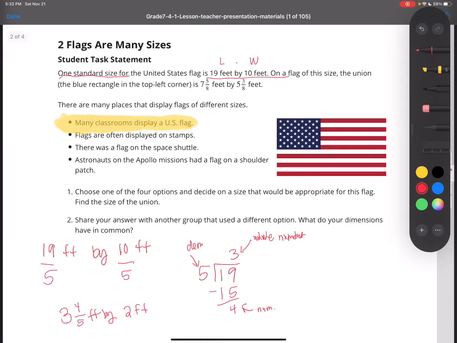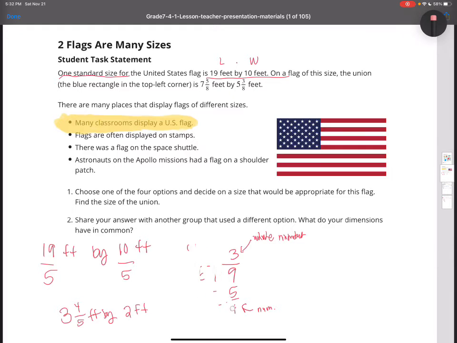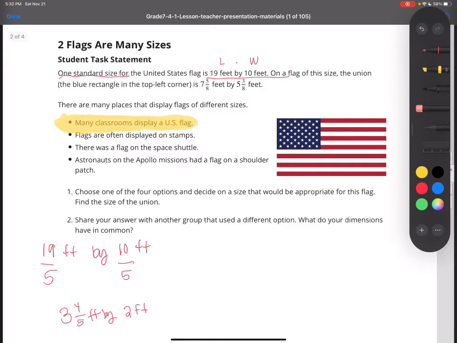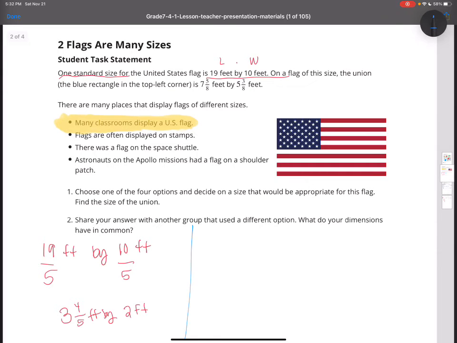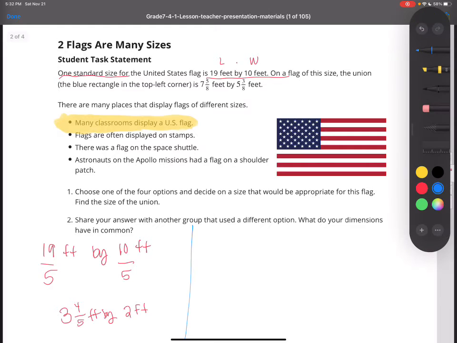Okay. So then they said, well, since we scaled it down by 1/5, they want you to figure out the size of the Union for this flag. So if I scaled it down by 1/5, I need to scale down each side by 1/5.